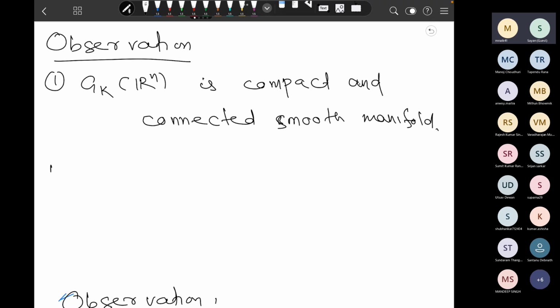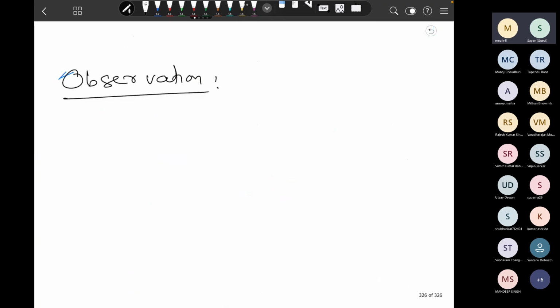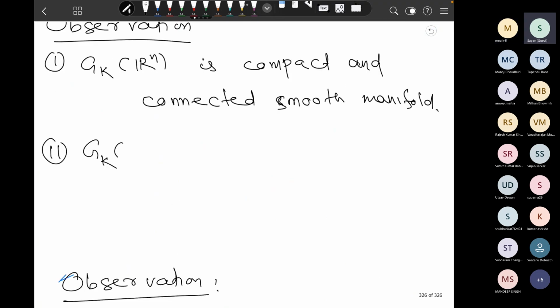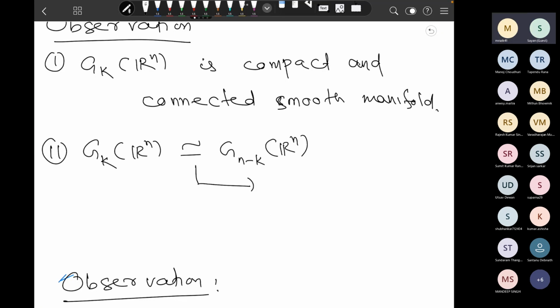And there is a symmetry between k and n minus k. So G_k(R^n) is diffeomorphic to G_{n-k}(R^n), because there is a symmetry in k and n minus k.